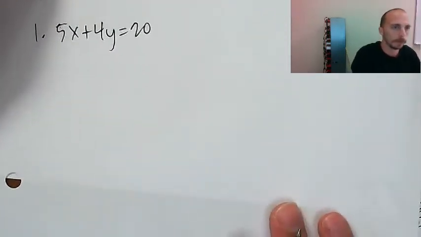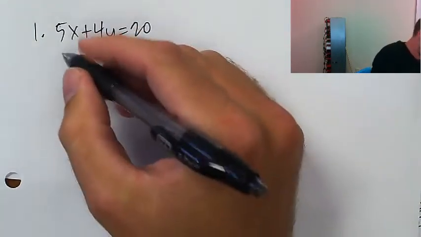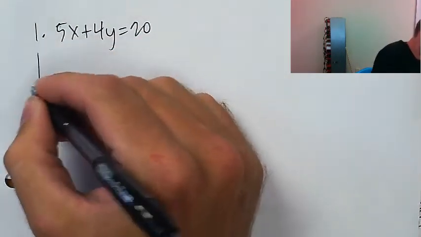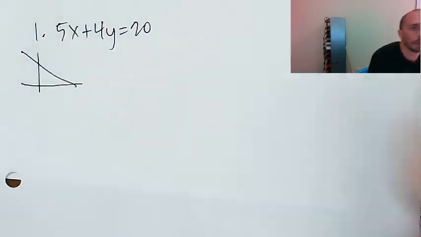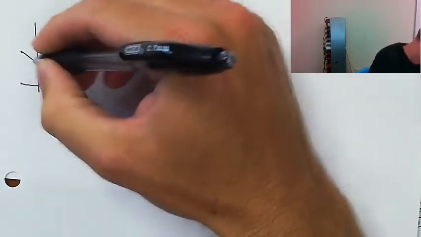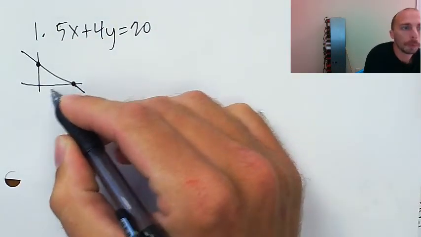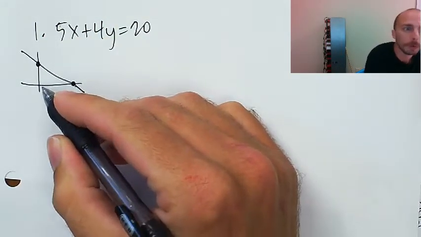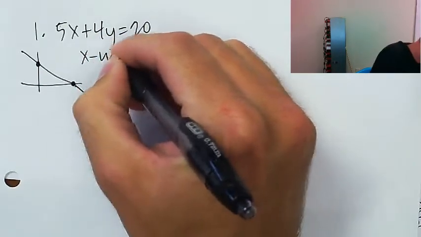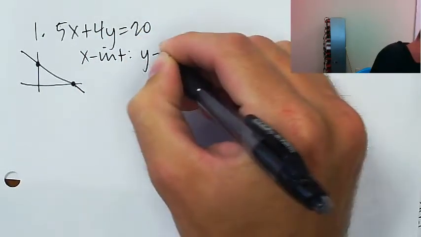If I want to find the x-intercept, I just happen to know that this one is going to look like that. The x-intercept is this point right here, the point where y is equal to 0. So x-intercept is where y equals 0.